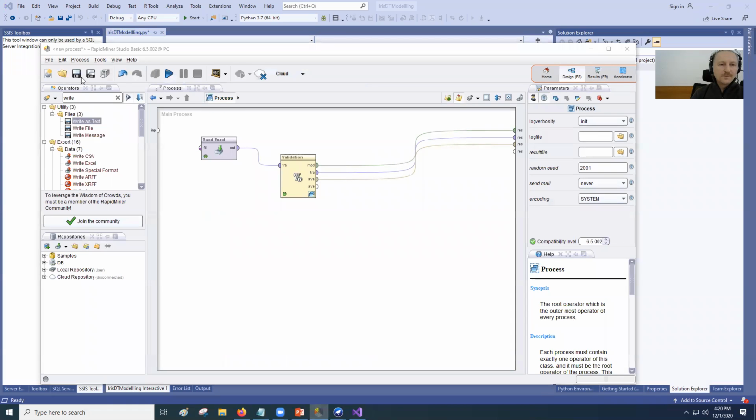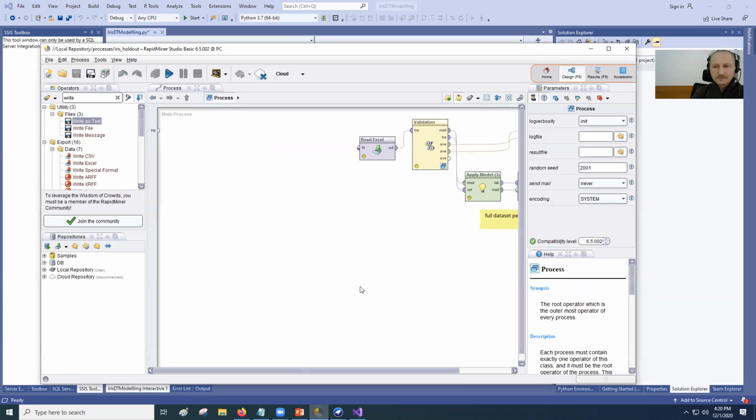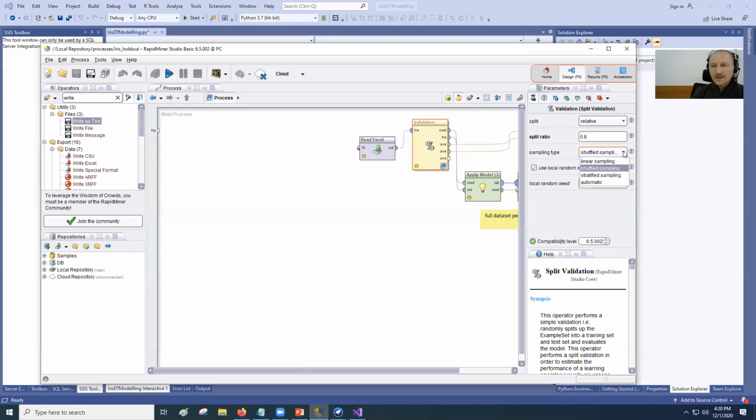If you open our process, hold out. Here, stratified, linear sampling. What is linear sampling? When you are dividing data, keep the order.